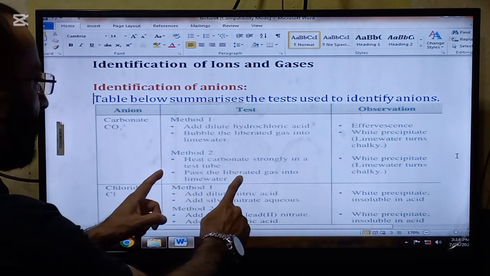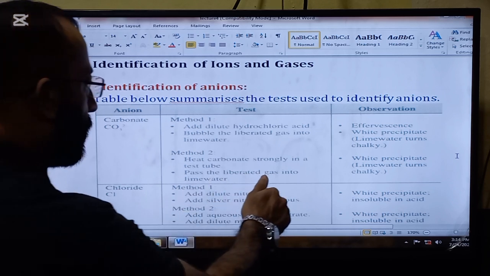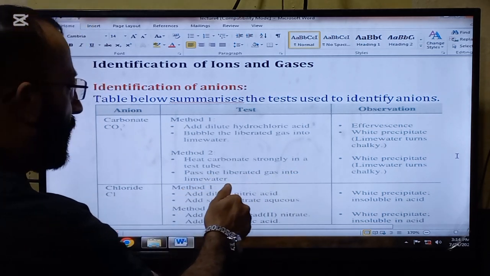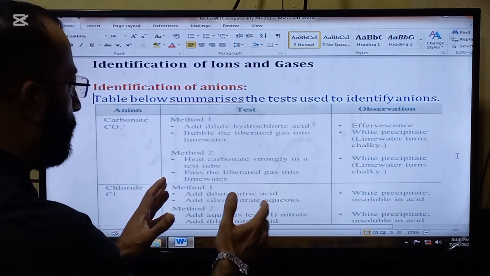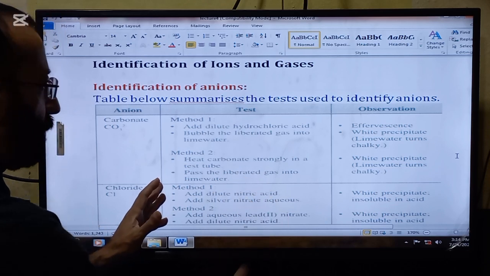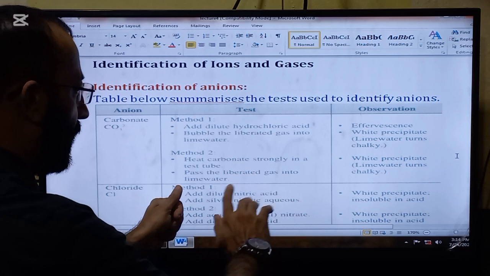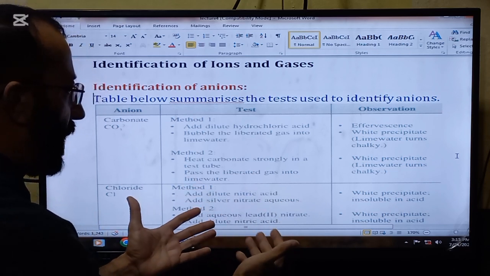Here is another method to identify the carbonate ion: heat the carbonate strongly in a test tube and pass the liberated gas into the lime water. When the carbonate is strongly heated, carbon dioxide gas is formed. So when the liberated gas is passed through the lime water, this is a test for carbon dioxide gas as well.